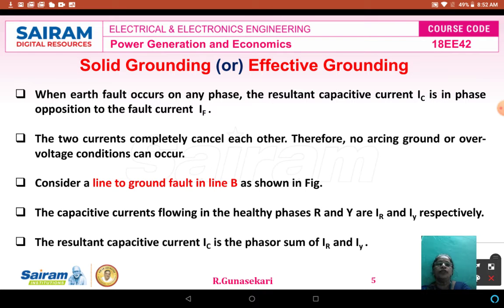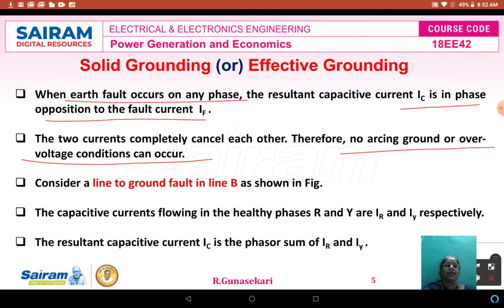When an earth fault occurs on any phase, here B phase, the resultant capacitive current is in phase opposition to the fault current IF. Therefore, the two currents, IR and IY, completely cancel each other. So no arcing ground or overvoltage condition can occur in a solid grounding system.